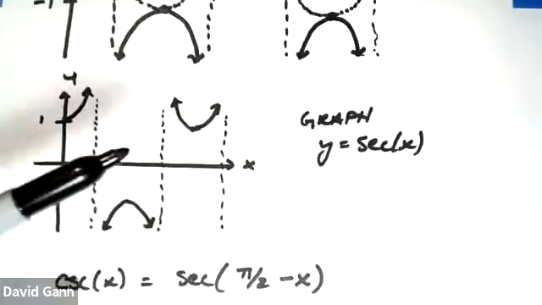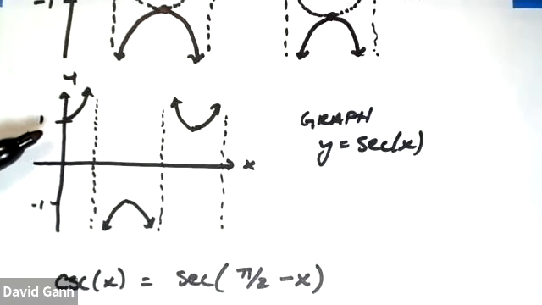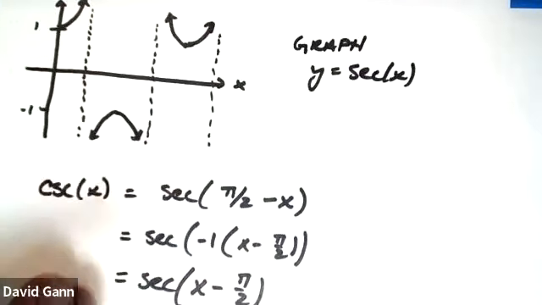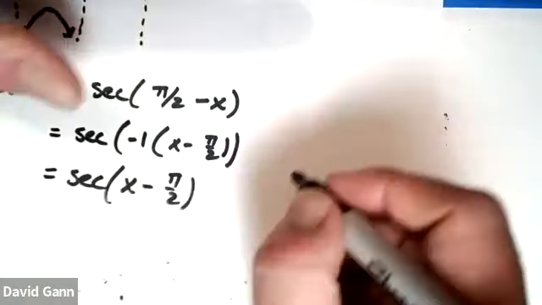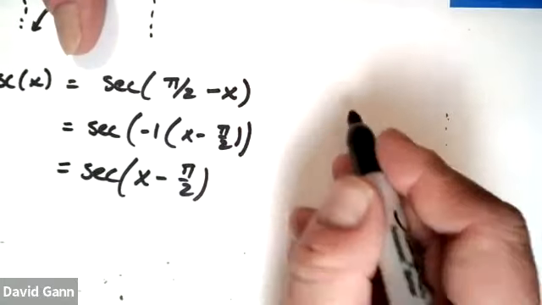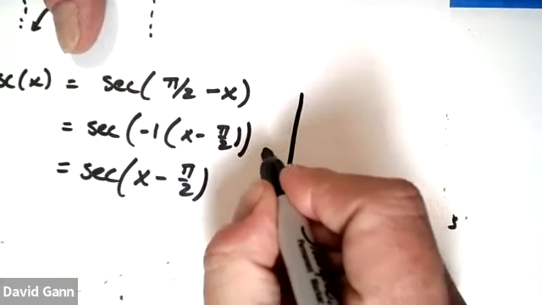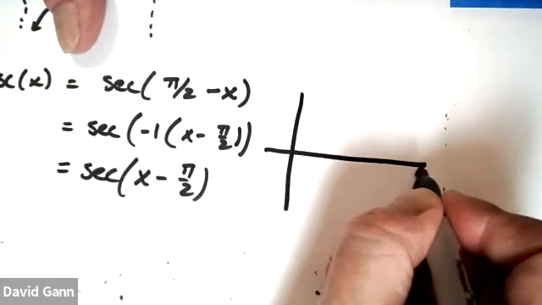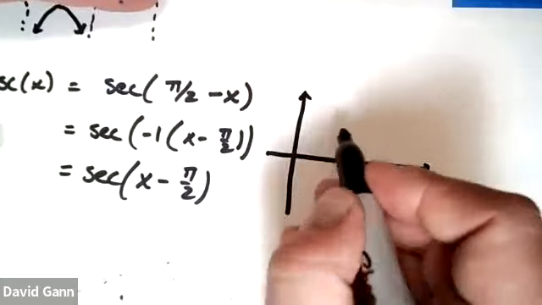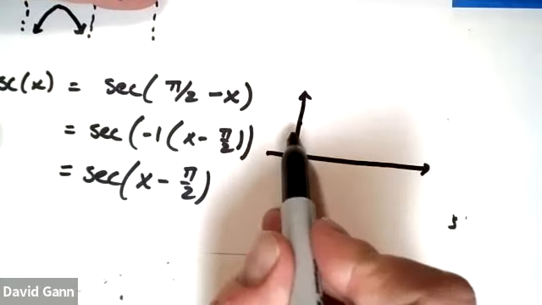So without a whole lot of extra effort, we could just take this graph and put the y-axis here, a unit pi over 2 over, which means the cosecant starts with a vertical asymptote, which we already kind of knew. I'm just going to squeeze this in here. It doesn't need to be super accurate because, again, there's not a whole lot of detail here. But note, there's a vertical asymptote.